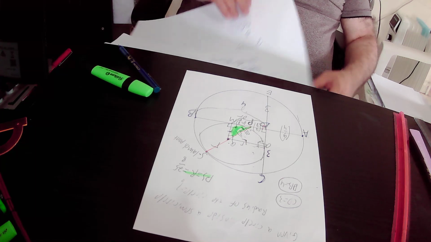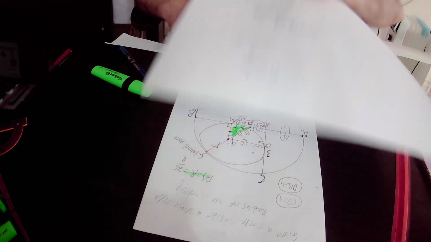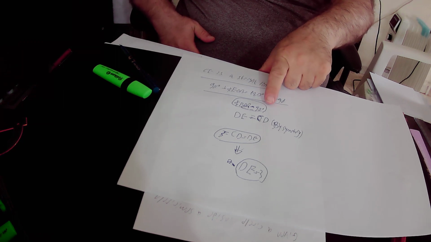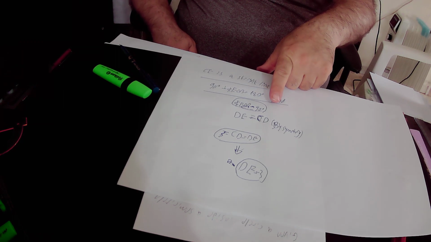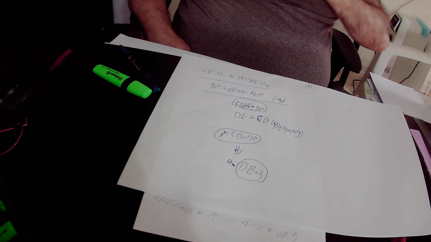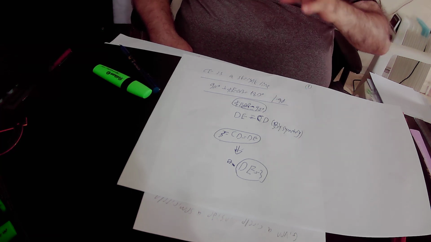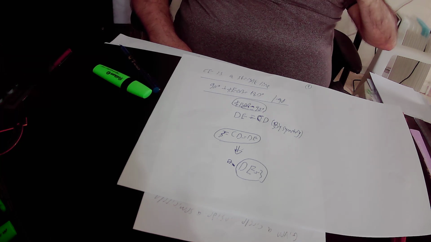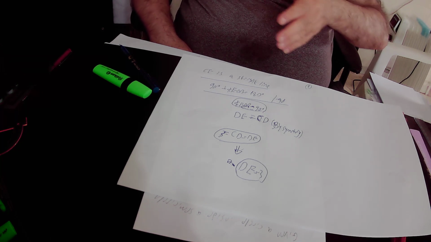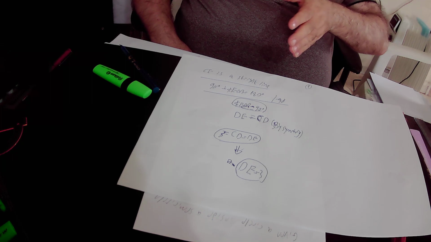So, we can write here that DE equals CD by symmetry because DE is the mirror image of CD. They are equal to each other in their lengths, and the only difference between those two line segments is their direction.